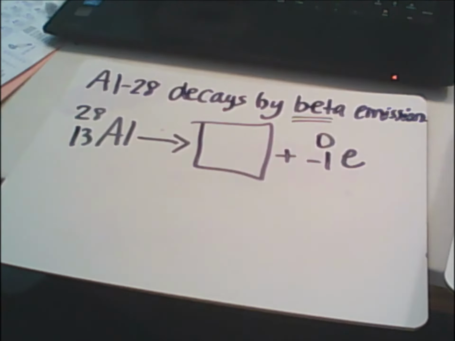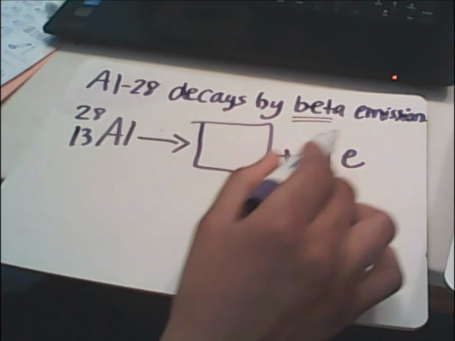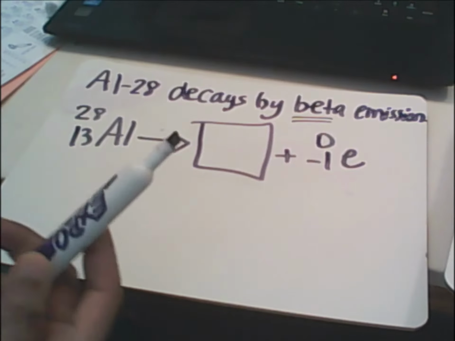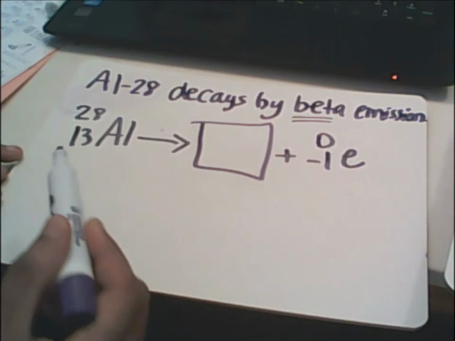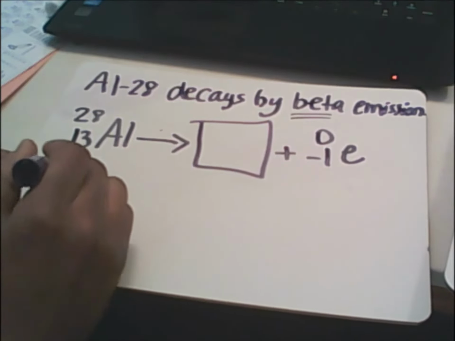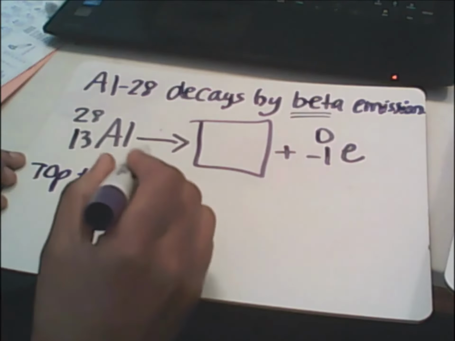In your PowerPoint slides, beta emission is represented by 0, -1, and that little e. If you don't know what that is, you can always go back and look at your PowerPoint slides for that particular unit where it'll have the symbols and notations for the decay. Now, again, I'm going to do like I did before. The top number is 28 on the left-hand side.